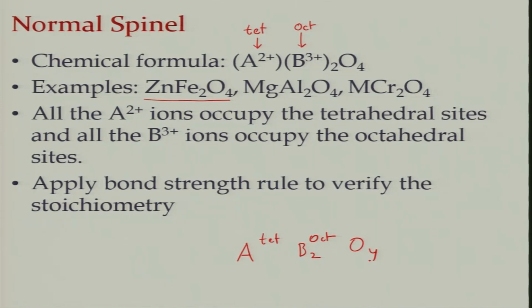That is how you can write this structure. And again you can see only one atom goes to tetrahedral site, so 1/8 filling of tetrahedral and then 50% filling of octahedral sites. You can apply the bond strength rule to verify the stoichiometry as well as the coordination of oxygen atoms. That I will leave it to you as a home exercise.